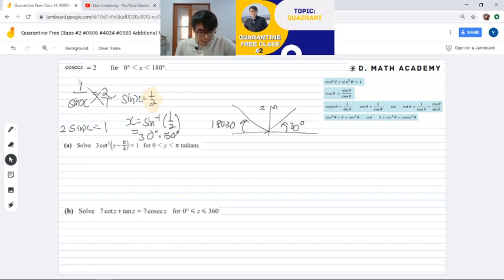So what we have will be pi over 4. Remember to put it as negative. So this should be your range now.